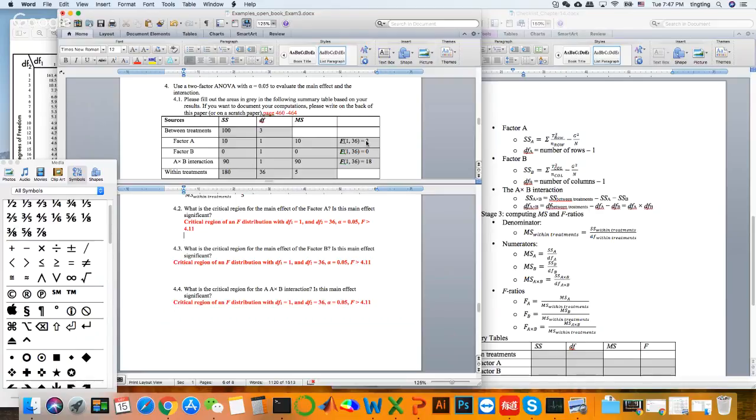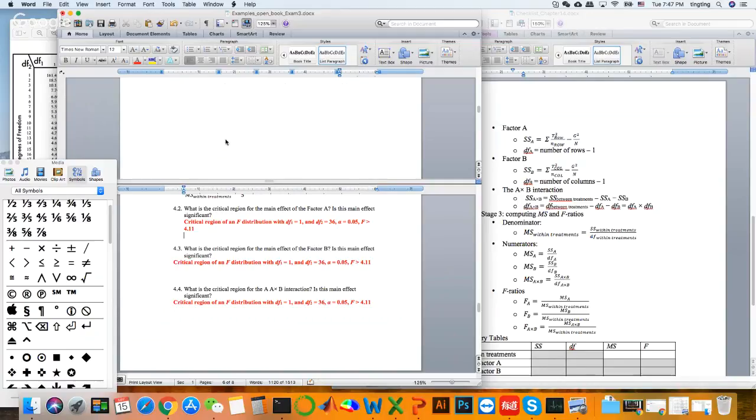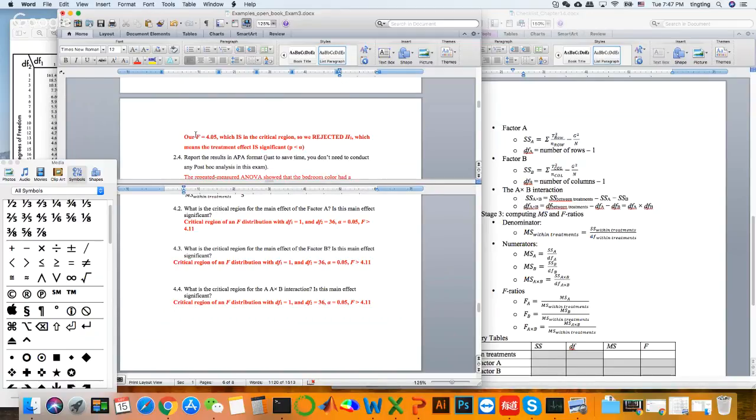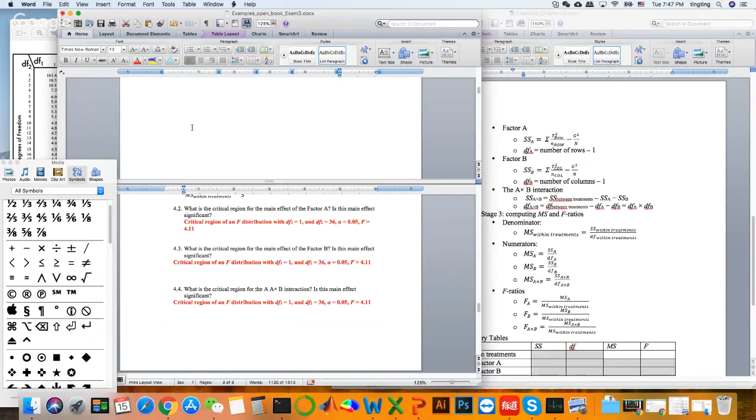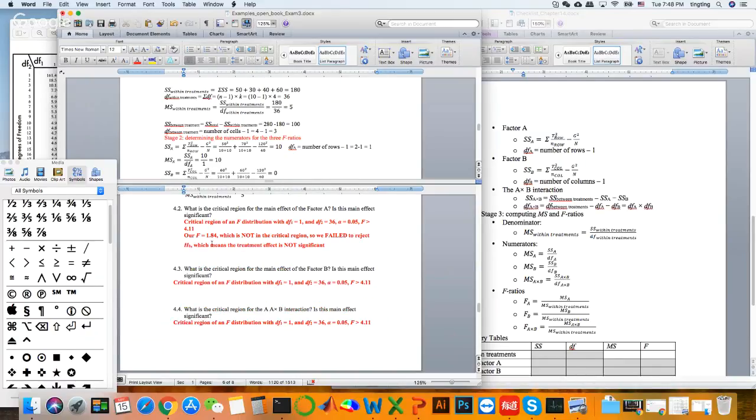So let's compute F, which equals 2, which is smaller than this one. If you know the answer, you don't need to write so many sentences.